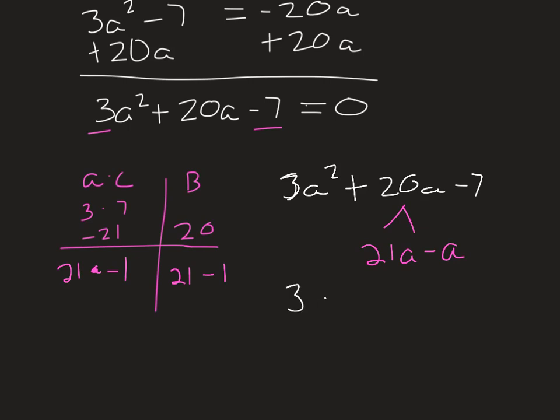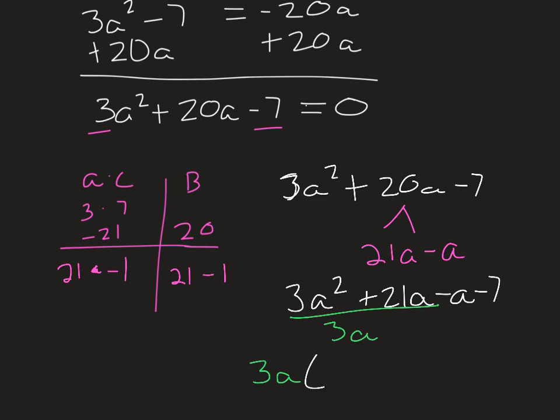So that leaves me with 3a to the second plus 21a minus a minus 7. And because I've now have 4 terms, that means I can factor by grouping. So I'm going to group these two together, and I'm going to factor out a 3a. So if I factor out that 3a, that will leave me with an a plus 7 left over.